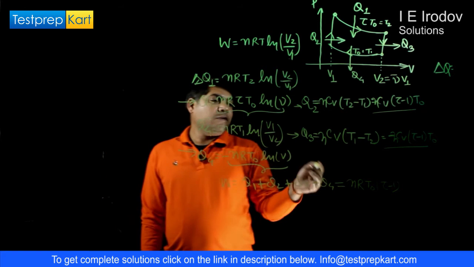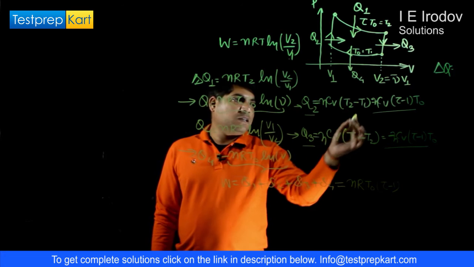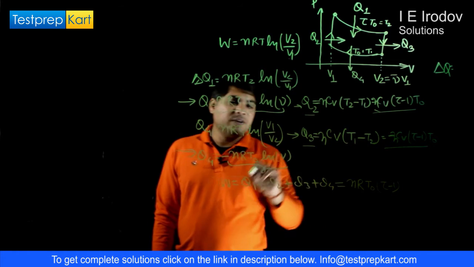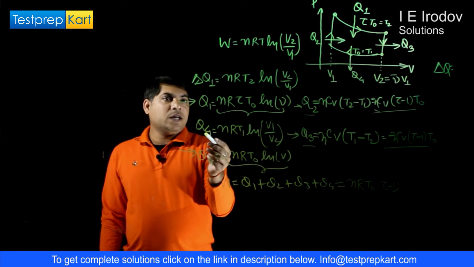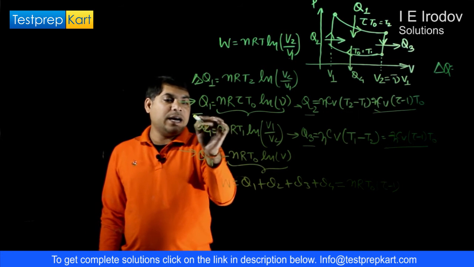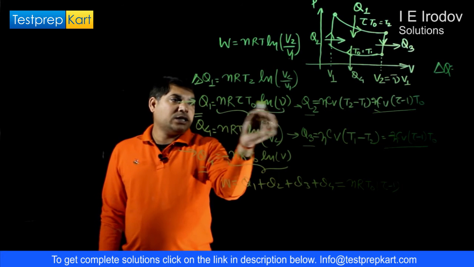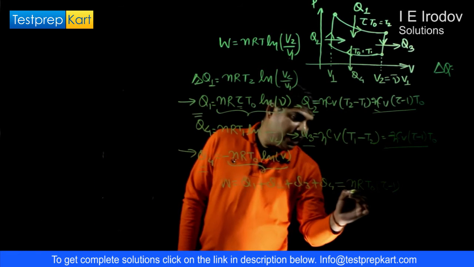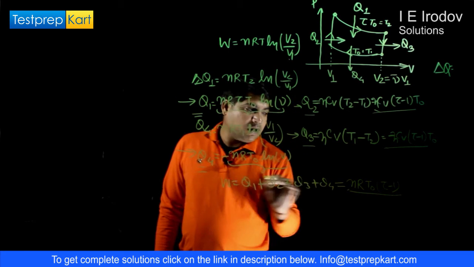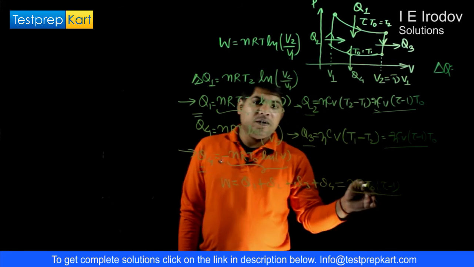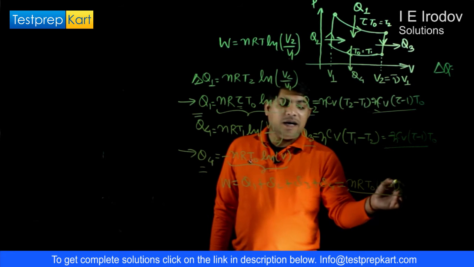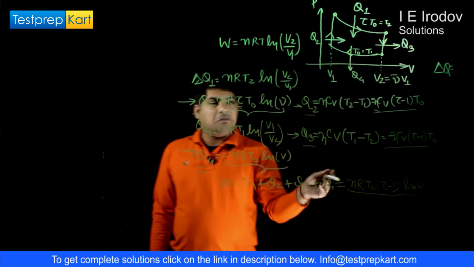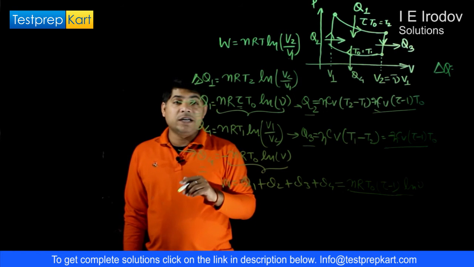Whenever we add them, Q2 and Q3 are the same in magnitude but opposite in sign, so these two terms cancel out. In Q1 and Q4 the rest of the terms are the same, only tau is different. So we can collectively write that total work is nRT naught tau minus 1 into ln V. This is the final expression for total work done.